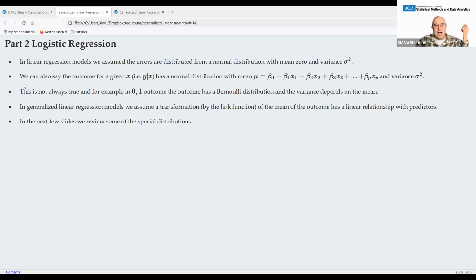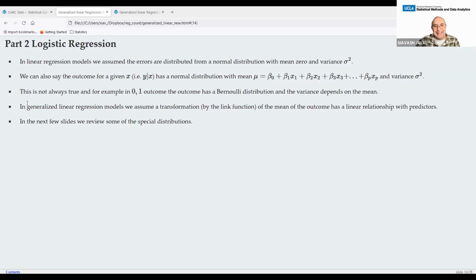We can say the outcome y given x has this distribution, and the variance of this outcome is sigma squared, right? But if the outcome is from, for example, a Bernoulli distribution, that is not true.